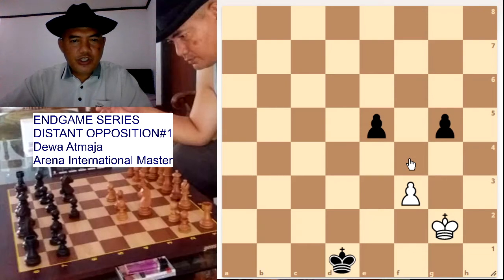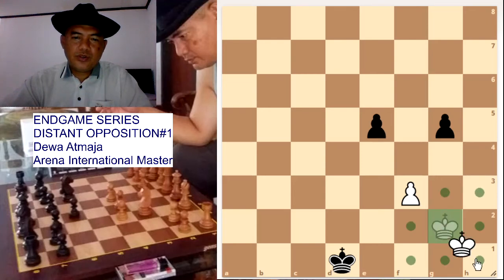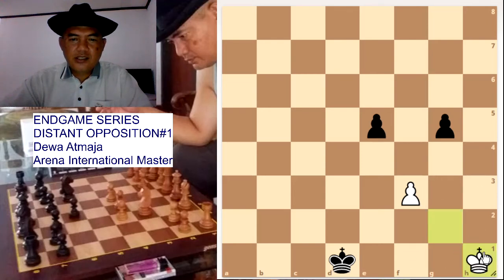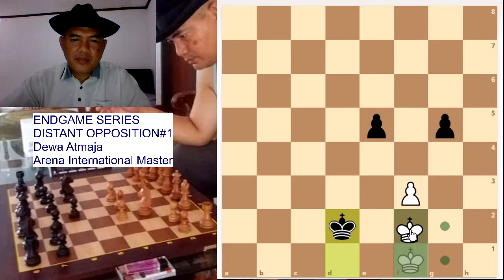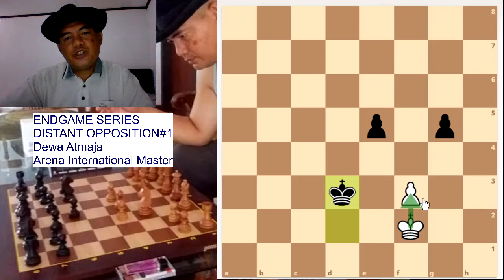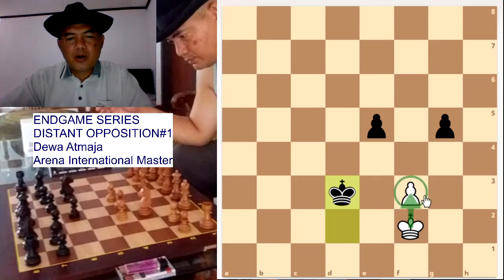In this position, this is also a draw. Black has to move and white has a pawn. The only move for white is to go to the distant opposition. This is the only move to draw, because with the other move, for example if white tries to take the opposition, black can win here, because white will lose his opposition because of his pawn.